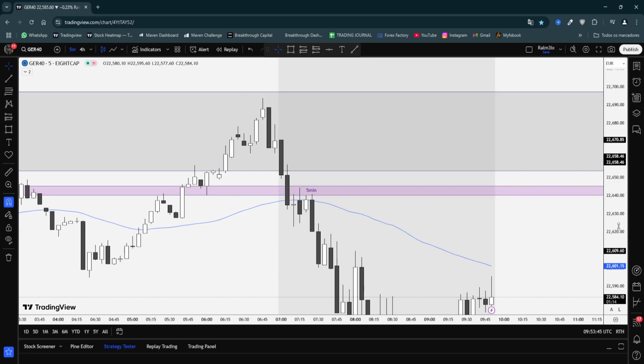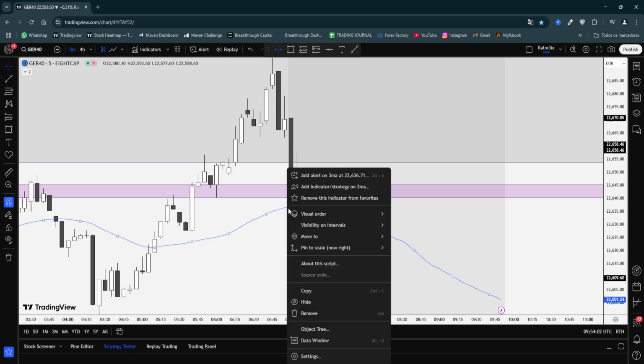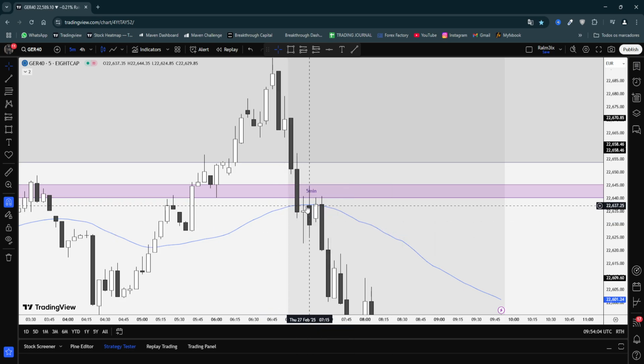For example, here we have a support above the moving average, but if price breaks this zone and the moving average at the same time, price is ignoring the moving average and will react to it as a resistance. So now you have two resistances, this one and the moving average.